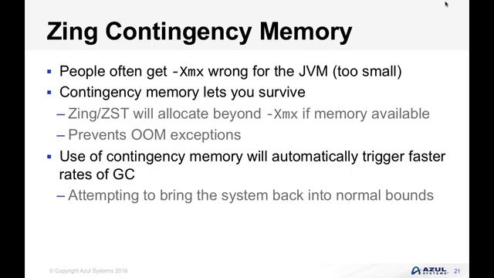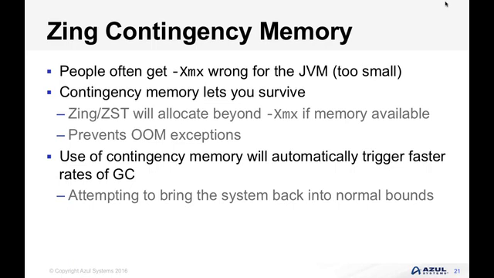And your customers might get upset. So this prevents some out of memory exceptions. Clearly we can't prevent all of them. You can get to a situation where you run out of contingency memory as well, and you will get an out of memory exception. But if you go just a bit beyond your heap space, we will let you continue running.